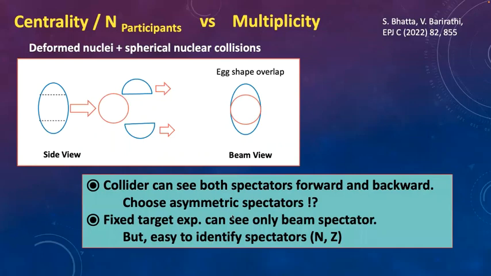No, not in each event, but you can always tell statistically whether you're colliding a spherical nucleus or not. I mean, you have to do it statistically. For example, there's some study by the Chinese group on the ruthenium-zirconium collision, which have different deformation, looking at the spectator neutron multiplicity distribution. Yes, the spectator neutron multiplicity distribution will look different.